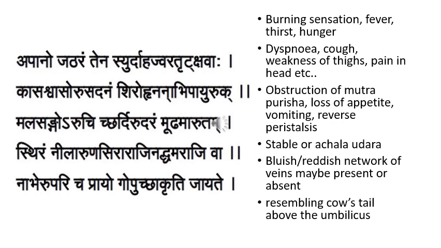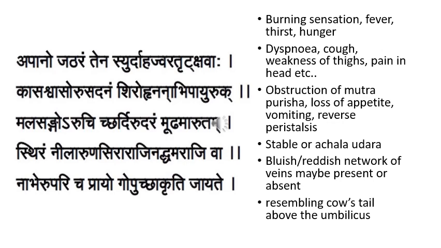Then Sthiram Udara, that is stable, or Achala Udara, that lacks movement. The udara is stable. Neela aruna sira raji anityam athava jiva. So there may be a bluish or reddish network of veins which may be present always, or it may be absent. There may or may not be presence of veins of bluish-reddish color.